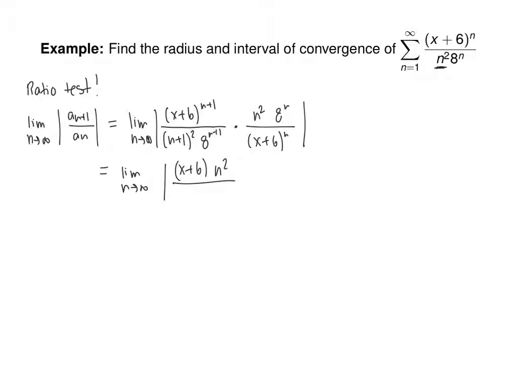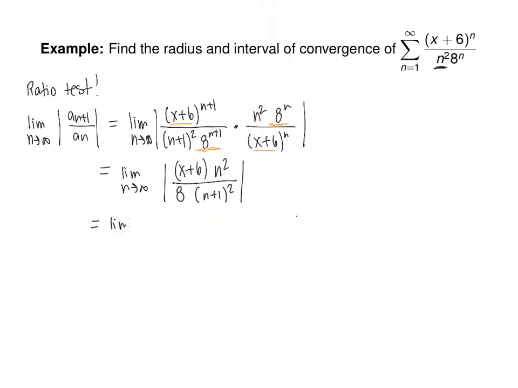Let's just color code this. So this x plus 6 and that x plus 6 will cancel, leaving just an x plus 6 to the first. This 8 to the n and this 8 to the n plus 1 are going to cancel, leaving you an 8 in the denominator. And we'll have n squared in the numerator and (n plus 1) squared in the denominator.